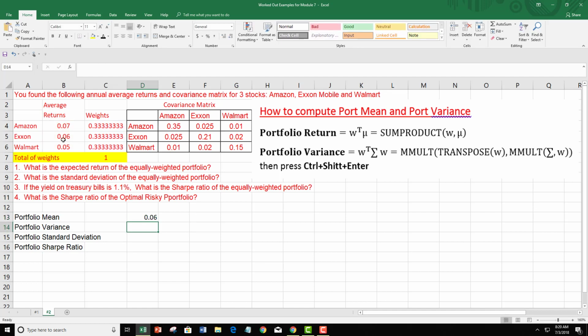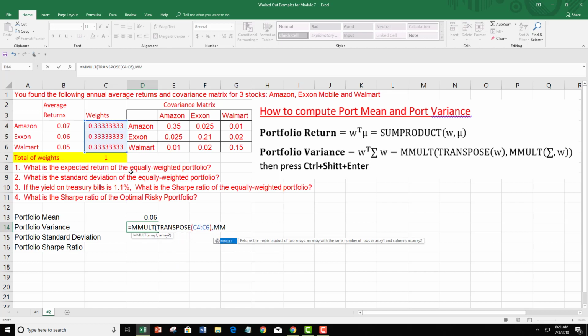And in order to compute the portfolio variance, use the MMULT formula, and exactly the same way, equals MMULT, meaning the matrix multiplication function of Excel. Now we need the transpose of W, the transpose of the weight vector, bracket close, comma, MMULT again, matrix multiplication of, now here sigma, which means the covariance matrix. And choose only the numbers, don't choose the text.